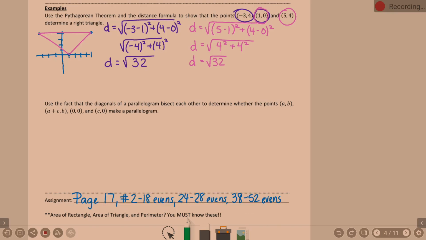And your other two, yes? We could shortcut this one, but no one said anything, so I'll just do it the normal way. X minus x. I'm going to say 5 minus negative 3, quantity squared, plus 4 minus 4, quantity squared.